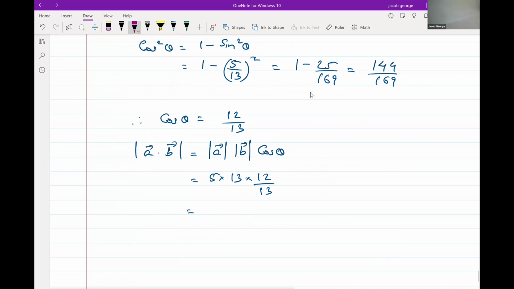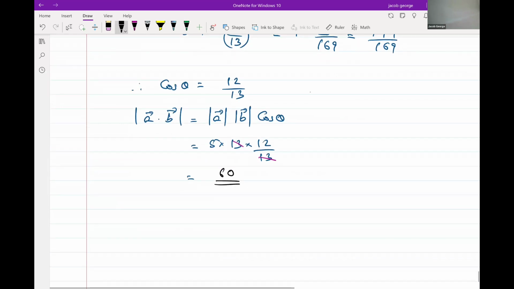We cut this 13 and 13. Now 5 into 12 is 60. So this is equal to 60. Is it clear? So this is the complete calculation of this.